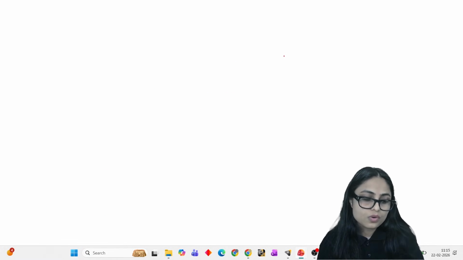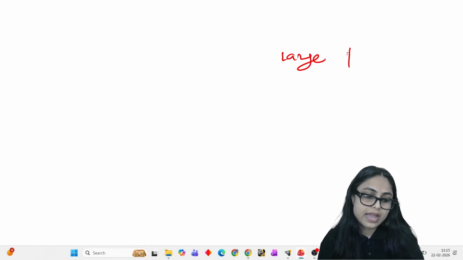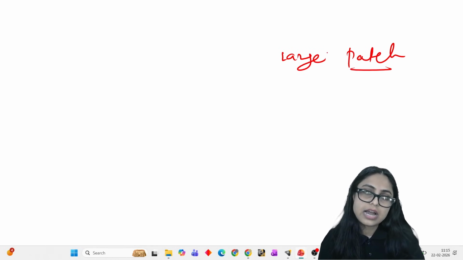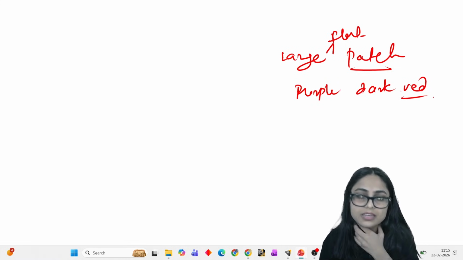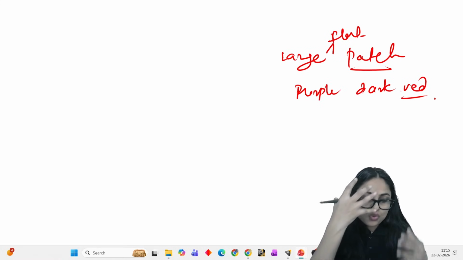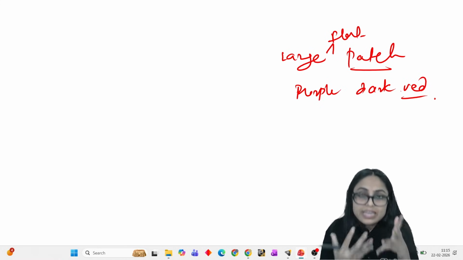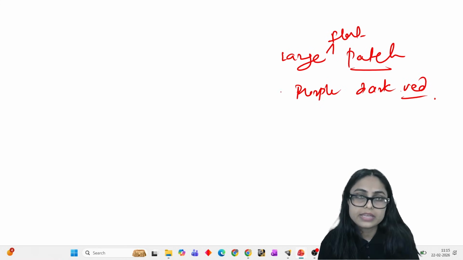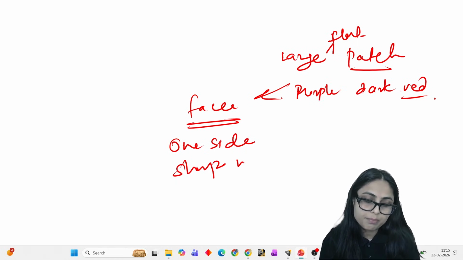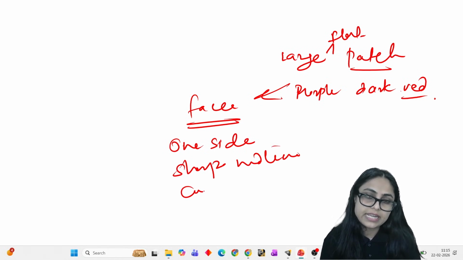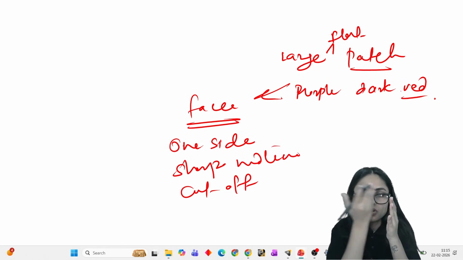The face is more commonly involved as compared to other body areas, and you can see it on one side, with a sharp midline cutoff, meaning it will not cross the midline.